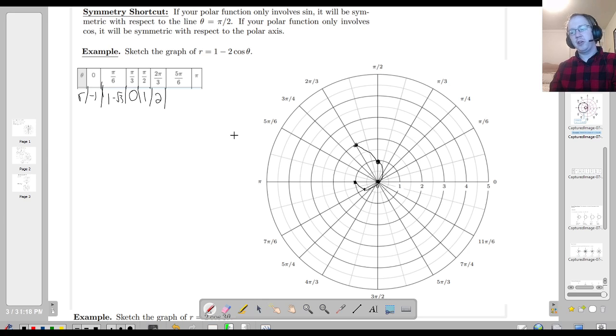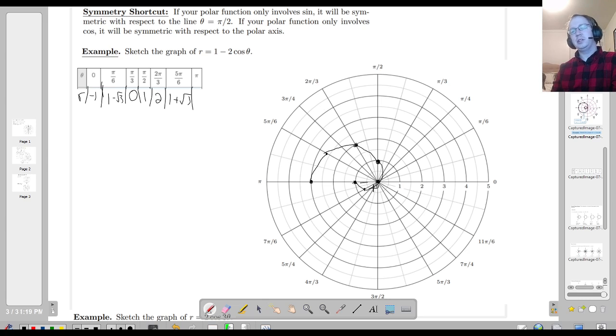Well, the cosine of 5 pi over 6 is negative root 3 over 2. So this is 1 plus root 3. It's roughly 2.7. Use your calculator if you need for these numbers. And then finally, here at pi, cosine of pi is negative 1. So this is 1 minus 2 times negative 1, or in other words, 3.